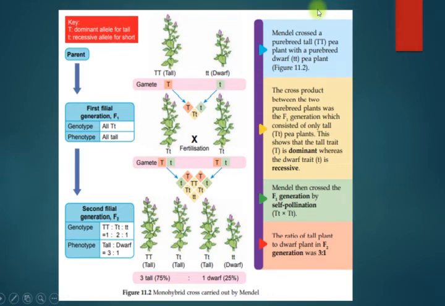Alright, so this is referred to as the monohybrid cross carried out by Mendel. So what did Mendel do in the experiment?